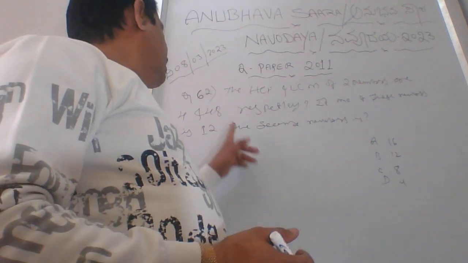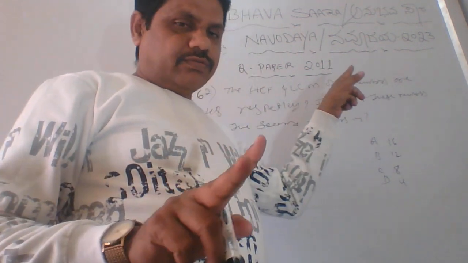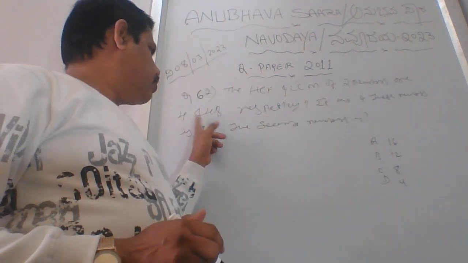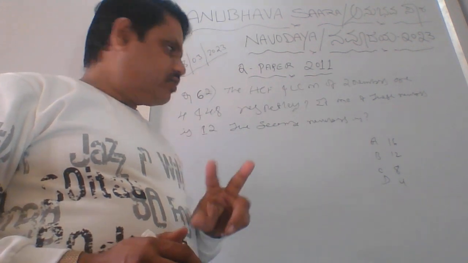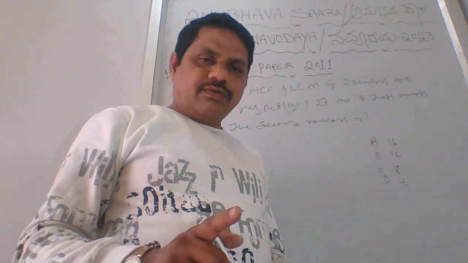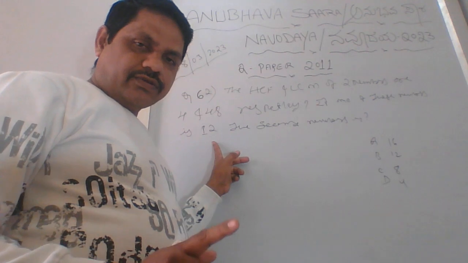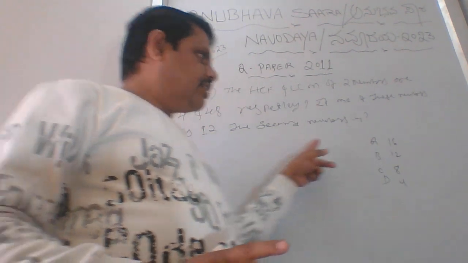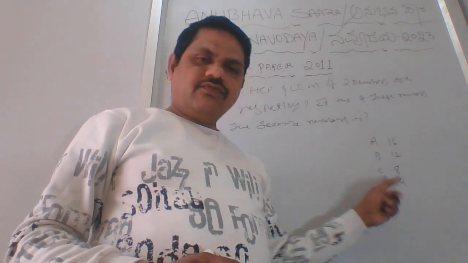The HCF and LCM of two numbers are 4 and 48 respectively. If one of these numbers is 12, the second number is which one: 16, 12, 8 or 4?